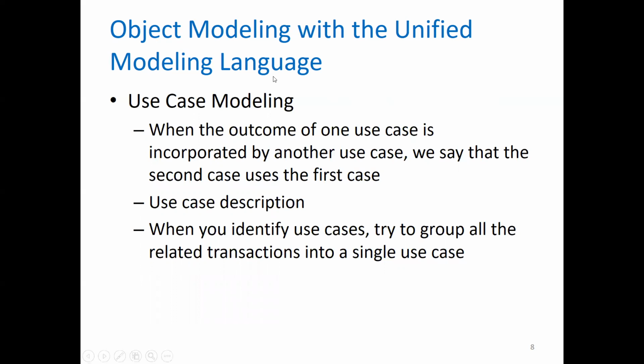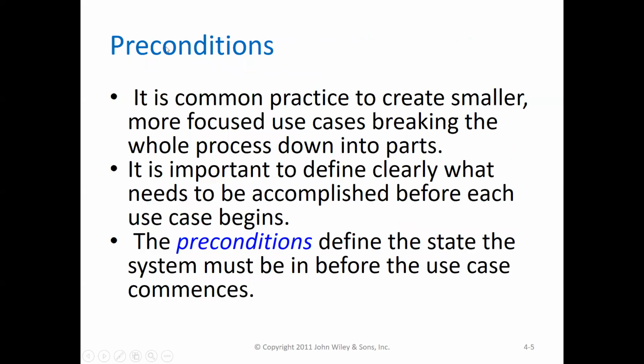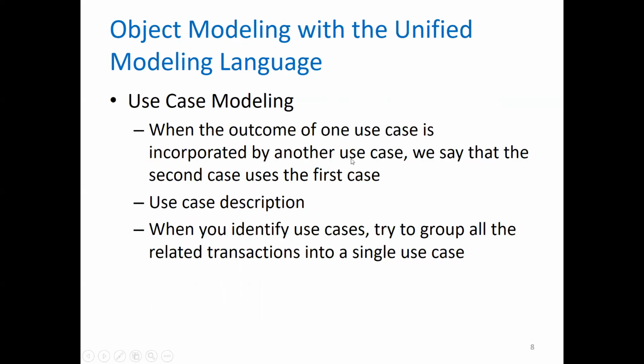What it simply means here is that sometimes you have use cases which have something called preconditions, what we had discussed earlier. That means your first use case must be done first, only then you can proceed to the second use case. So that becomes your predecessor even.